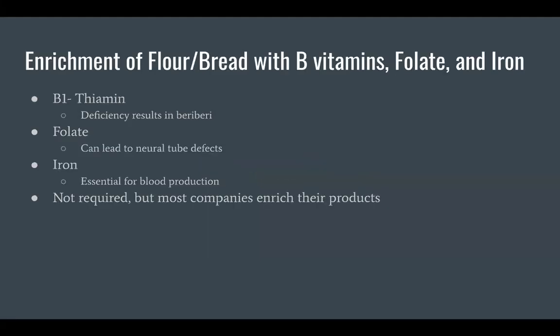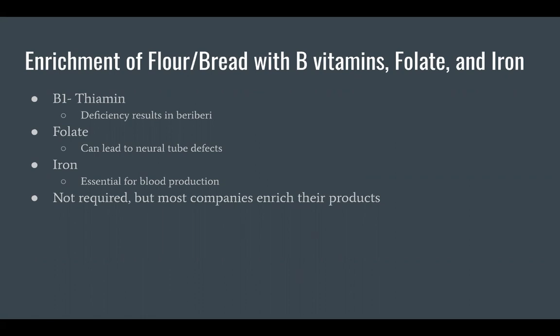The one product that we'll take a look at is flour and bread when it comes to enrichment. Breads are enriched with many different vitamins and minerals. The milling process strips away these nutrients. So for instance, B1 or thiamine is impacted by milling practices.